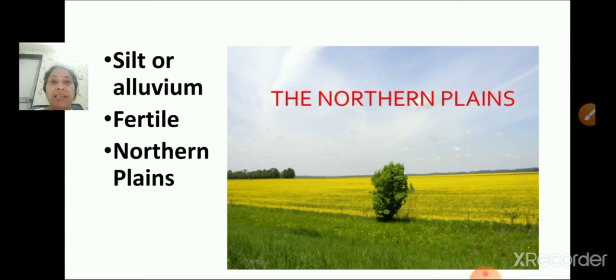Alluvial soil is very fertile. It makes the northern plains one of the most fertile regions of the world. So children, look at the picture on the screen. This is the picture of the flat and fertile land of the northern plains.